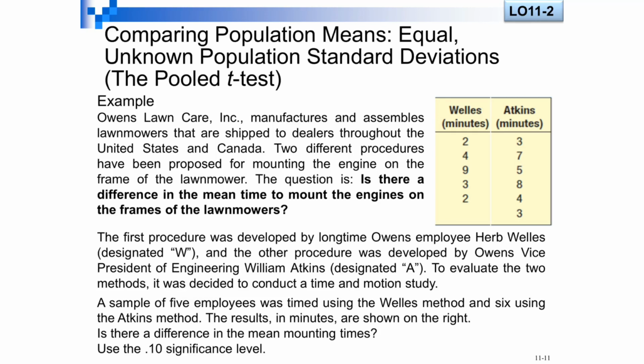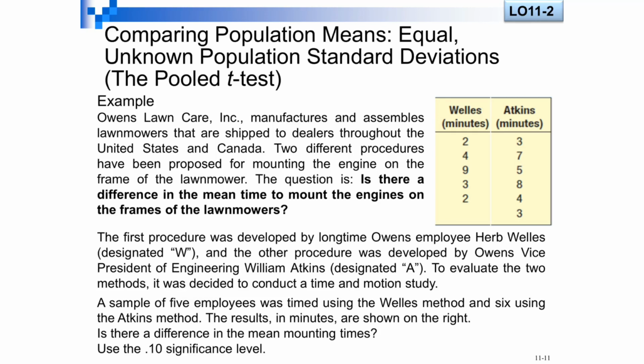Okay, so here we have an example. We have two samples with different sizes, of course. You see one has 5 and the other one has 6, and both of them are less than 30. So we know that we have to use a t-test, right?